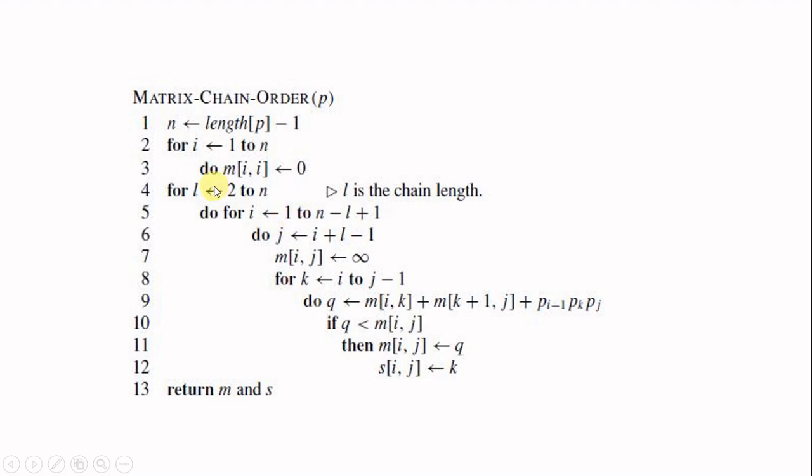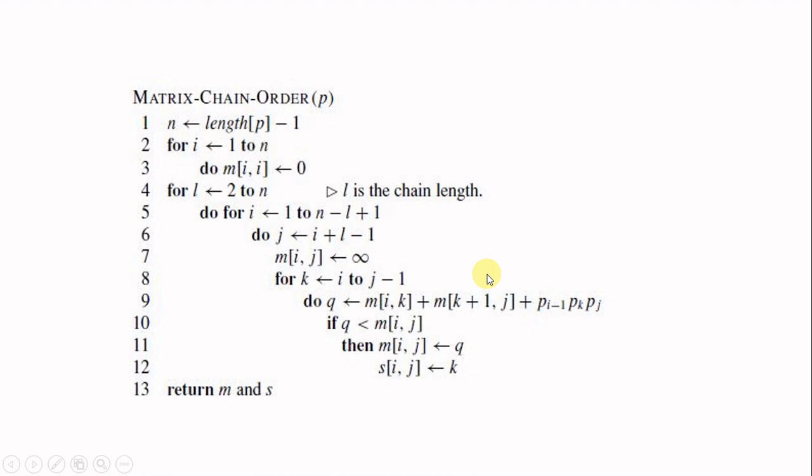Initially we are choosing lengths of 2, and there i will range from 1 to n minus L plus 1, because i will go from 1, then 2, then 3, etc., up to n minus L plus 1, so that the last sequence will also contain 2 elements or length L.